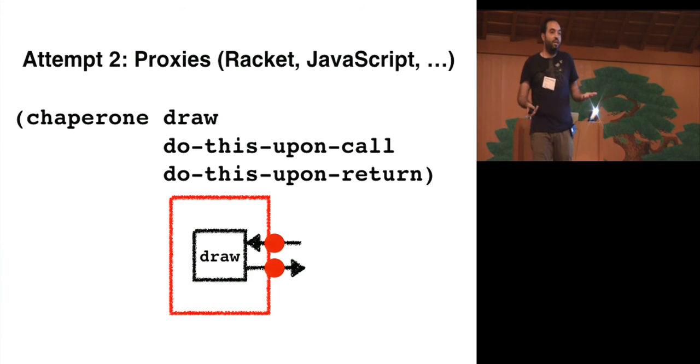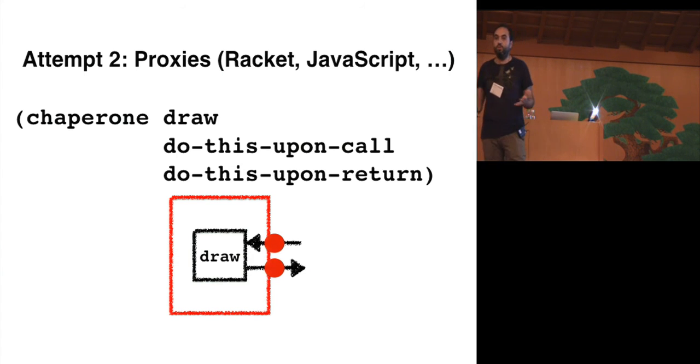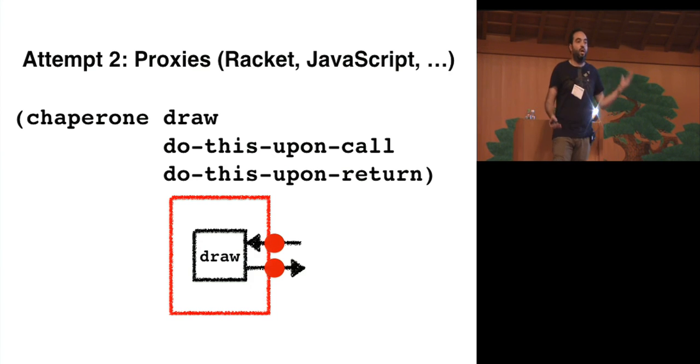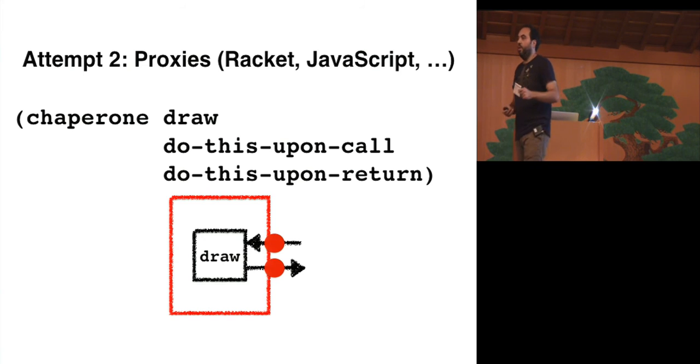So in Racket and lately in JavaScript, the idea is that we have proxy objects, objects that wrap around any other entities, any other values like functions, ref cells, vectors, whatever, and any time the runtime of the language interacts with those, we can configure the proxies to collect whatever information we want from this interaction.